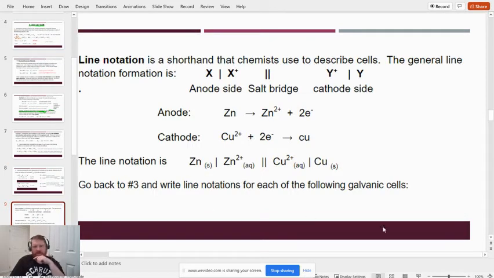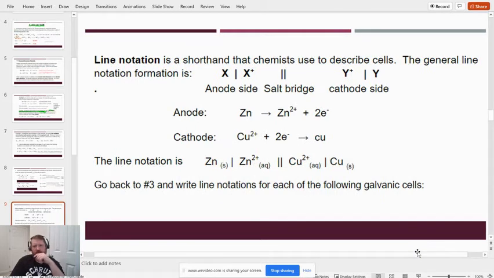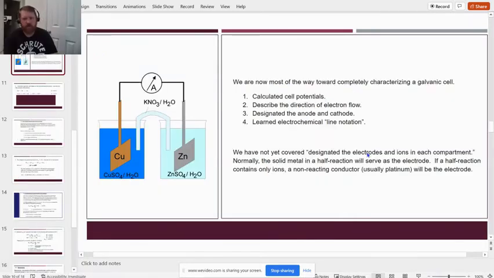We're going to introduce a little bit of notation, something called line notation. Line notation is just a way of illustrating real quickly who the main players are. We have gone through the four parts of a galvanic cell. We now understand how to look at cell potentials or voltages and flip them around to figure out which direction the electrons would flow so that the cell potential is positive.